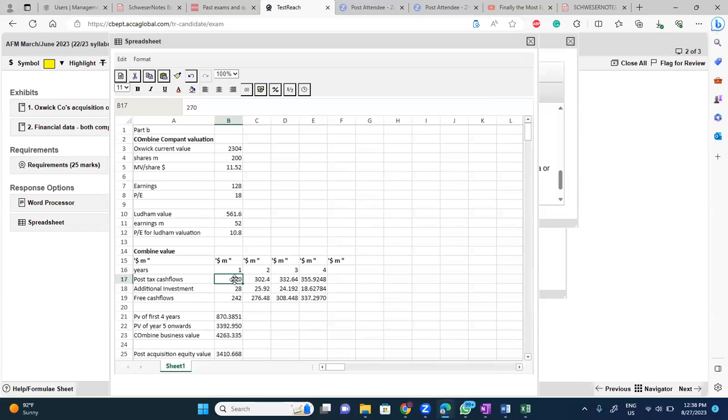I think you're talking about post-tax cash flows. So post-tax cash flow will be different from the earnings, no? These are post-tax cash flows. These are earnings. Earnings have non-cash items deducted.